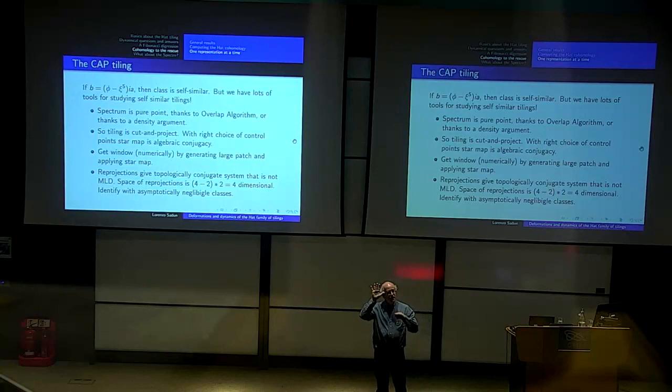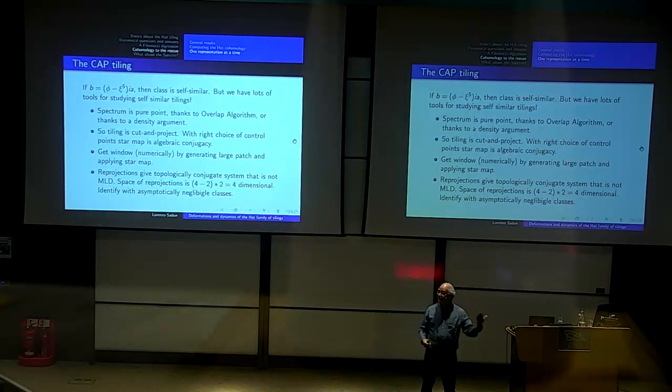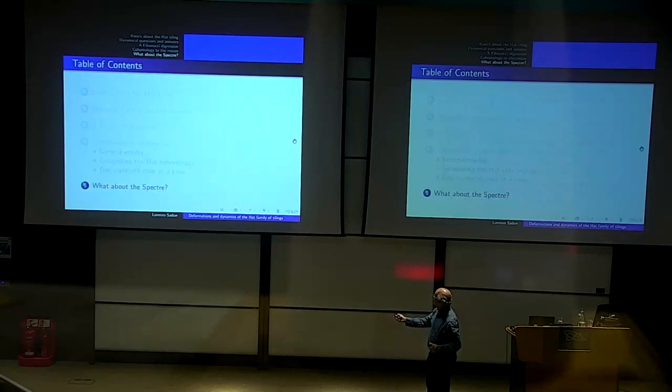Well, the space of projections from 4-dimensional space to 2-dimensional space, the dimension of that is the codimension times the dimension. 2 times 2 is 4. How big is H1? The contracting stuff? 4-dimensional. Oh yeah. So all of our asymptotically negligible shape changes are the exact same thing as reprojections. Okay? That's it for the hat.